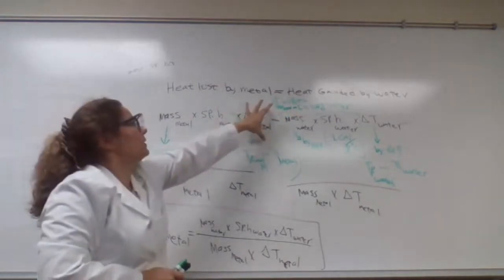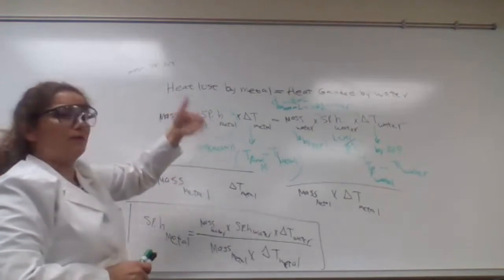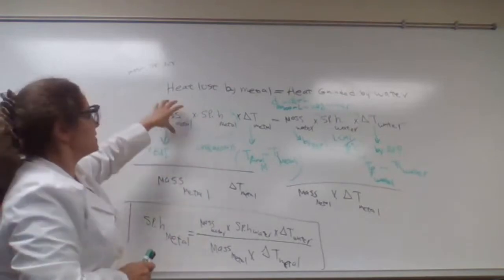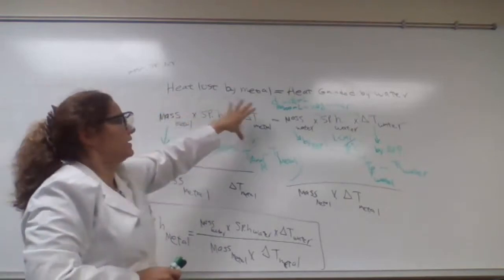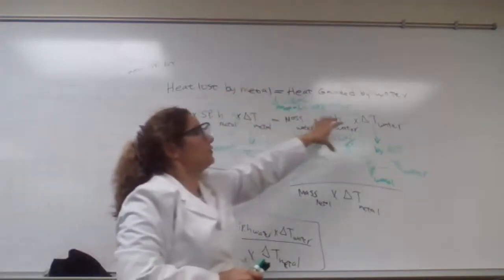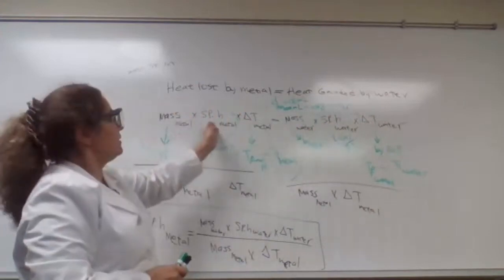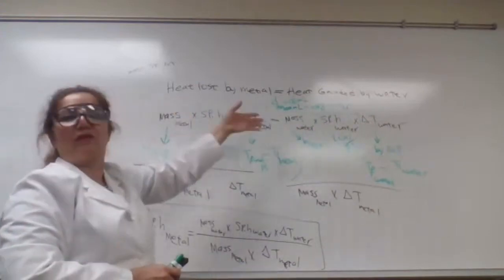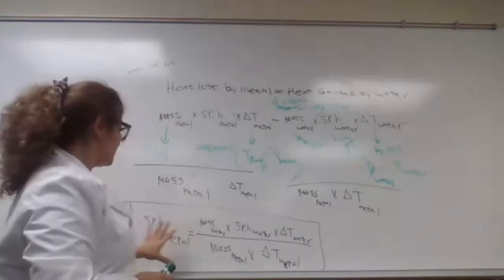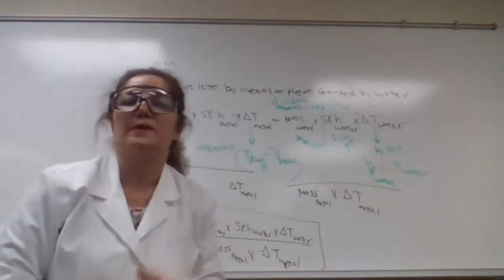You have the formula for heat that is lost by metal, because the amount of heat being transferred depends on the mass, depends on the specific heat, depends on change in temperature for metal, and the same thing for water. So if you have one equation, one unknown, you can solve that equation in order to get the specific heat for metal by calculation.